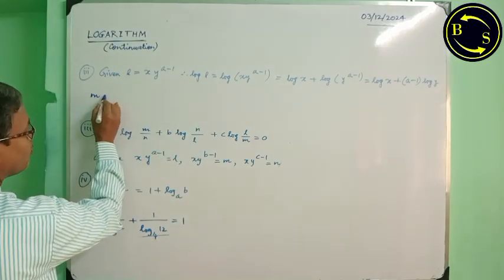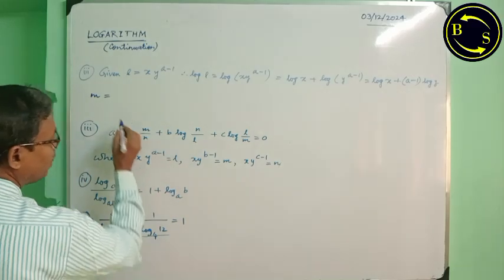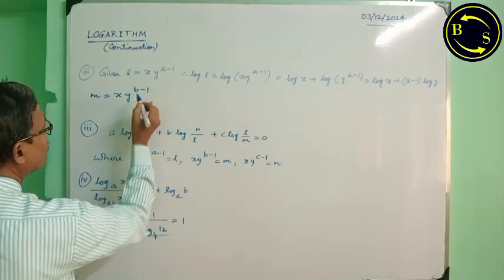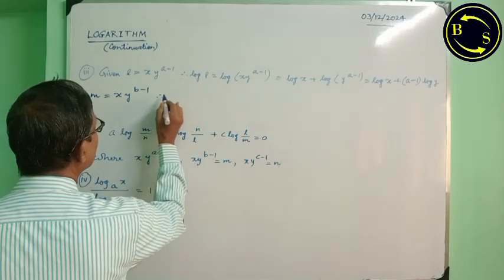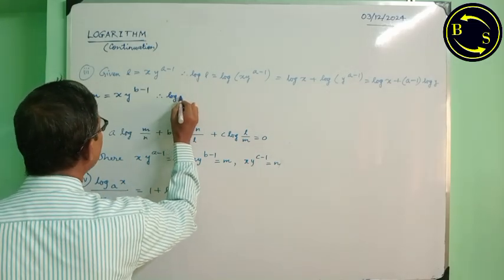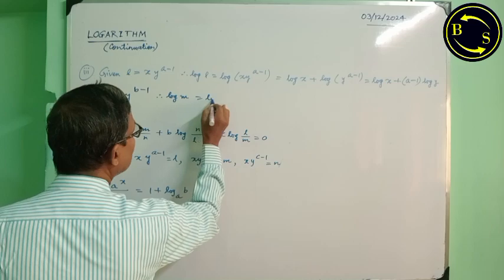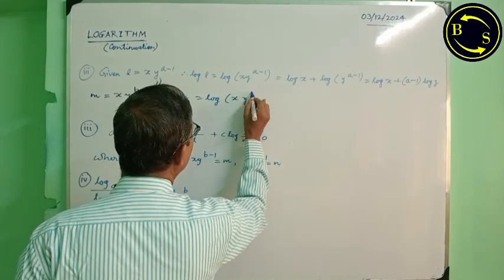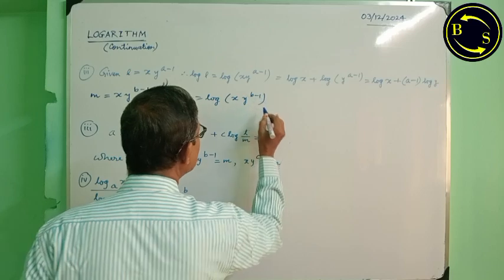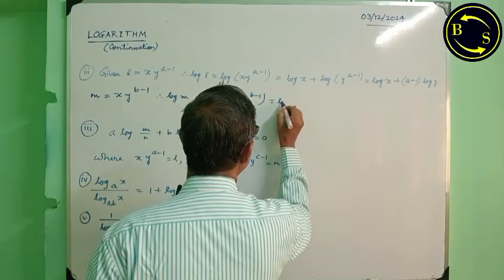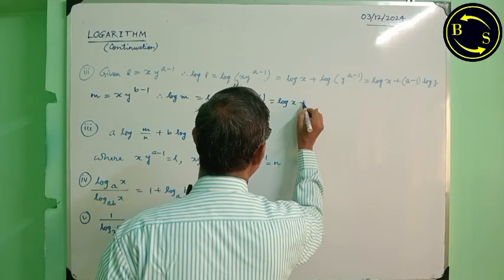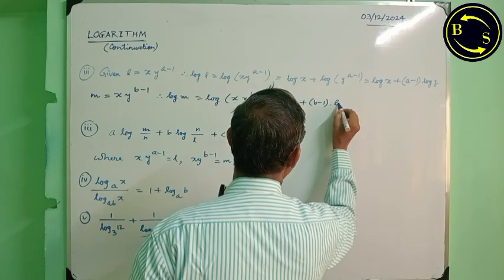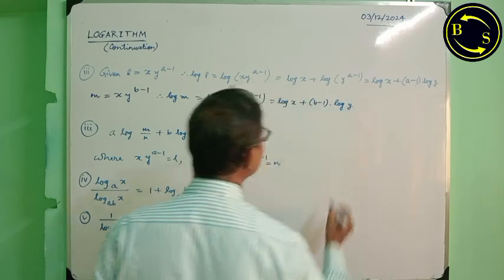M equal to x, y to the power b minus 1. Therefore, log M equal to log of x, y to the power b minus 1, that is equal to log x plus (b minus 1) whole into log y.